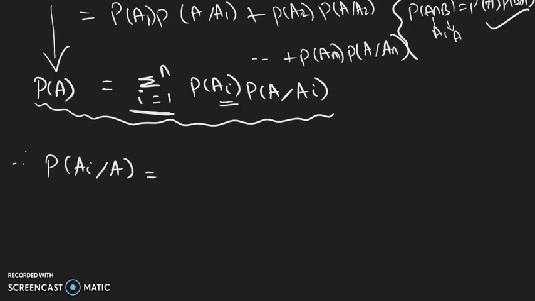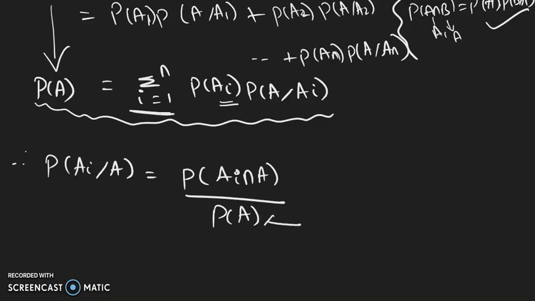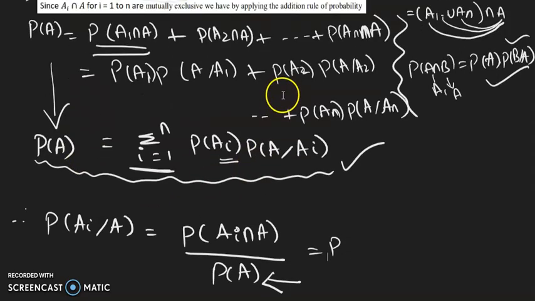I am going to use the conditional probability formula: P of Ai intersection A divided by P of A. Now in the denominator P of A, I am going to substitute what I got here. For Ai intersection A, again I can use this formula, and what we have written in rough work is here.